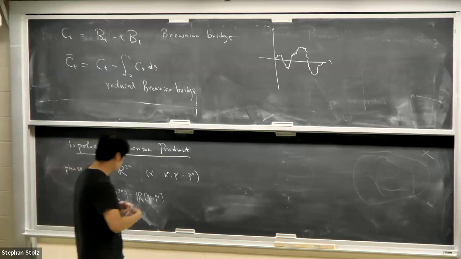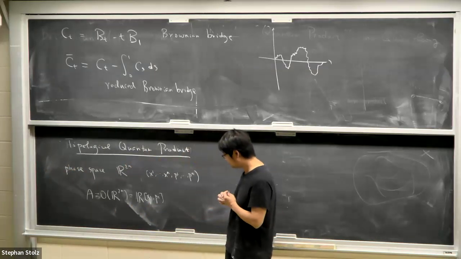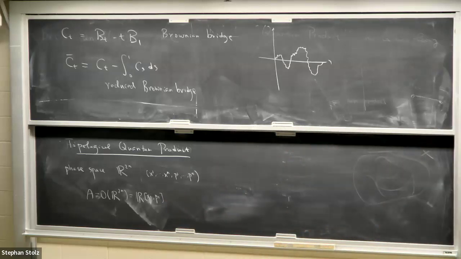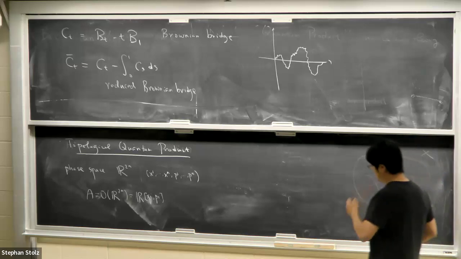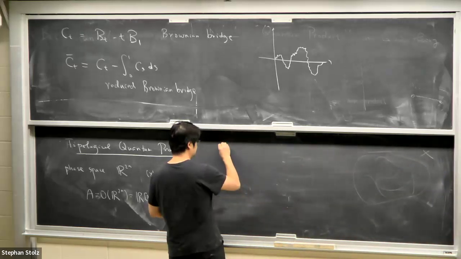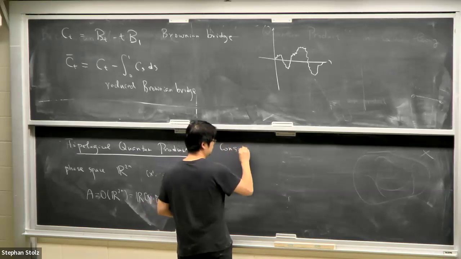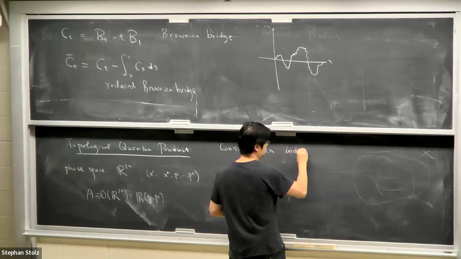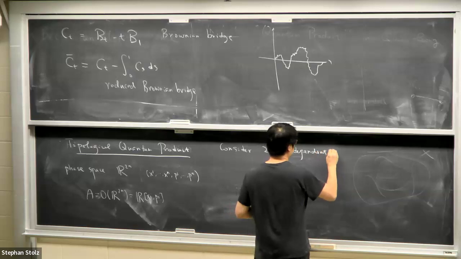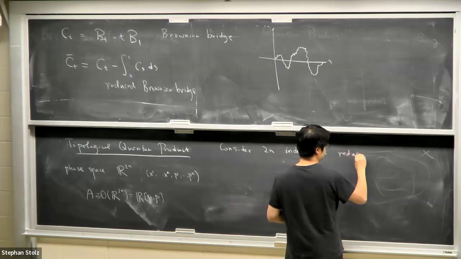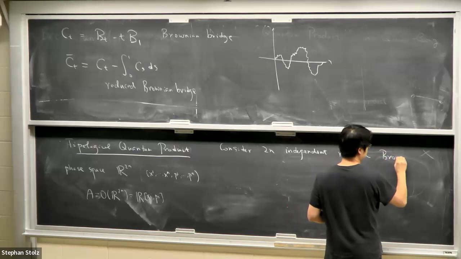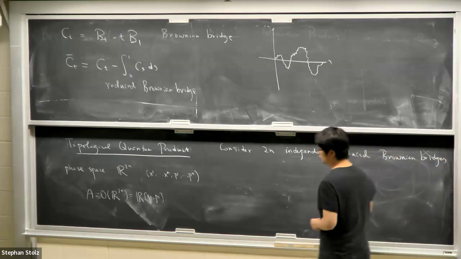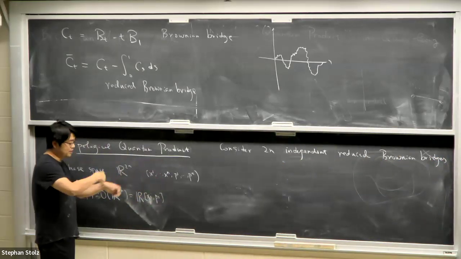Now I want to deform functions here by some random process and look at some quantum fluctuations. By the following: let's introduce 2n independent reduced Brownian bridges, one for each variable, and make it run randomly in a way.